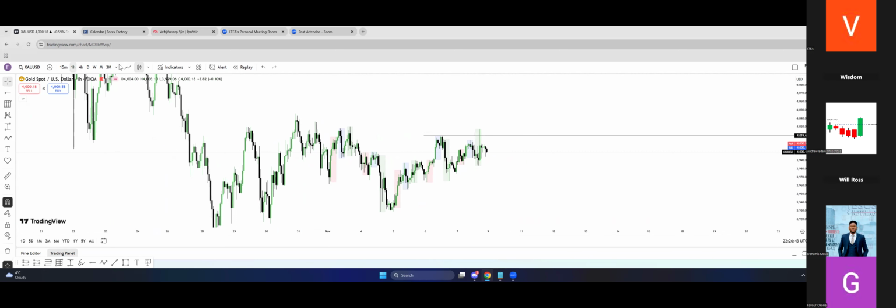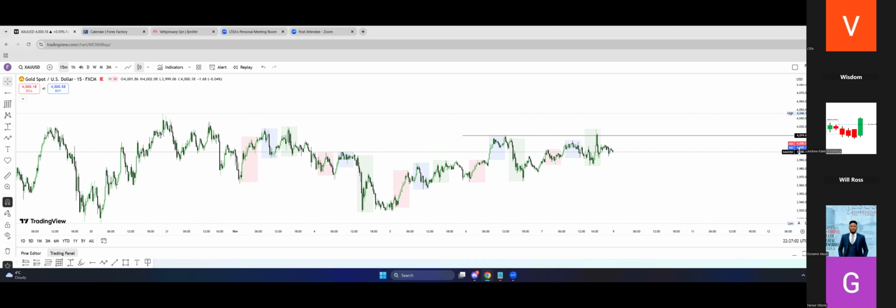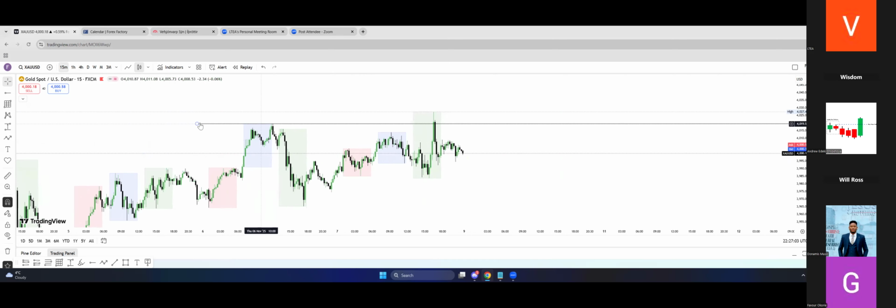I use 5 minutes, 1 minute sometimes, but you always learn. Maybe you're looking at a 1 hour range or 4 hour range, it doesn't matter. Even with the 15 minutes, you can always get your shift.